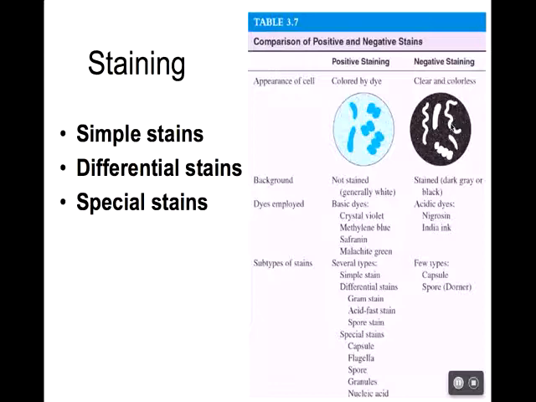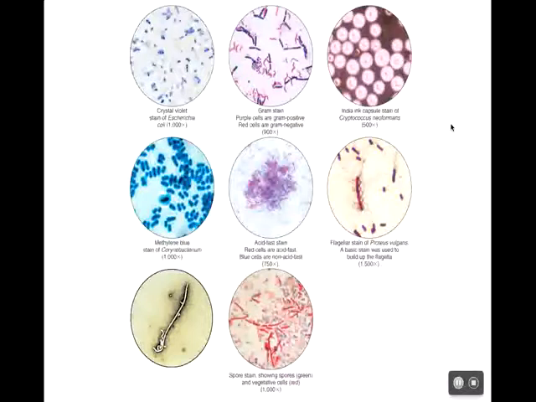If you were to add a basic dye to your specimen, it's positively charged, your bacteria is negatively charged, the dye would stick to the bacteria, and you would wind up with this sort of scenario where you have colored bacteria on a clear background. That's called positive staining. Positive staining uses a basic dye, and the dye sticks to the bacteria instead of the background because the bacteria are negatively charged while the dye is positively charged.